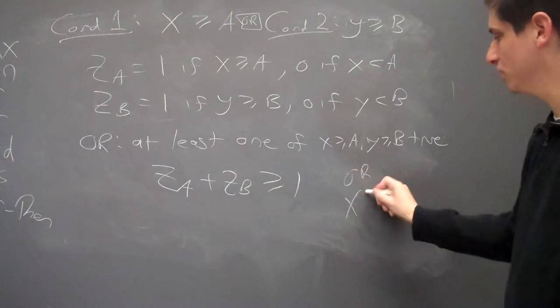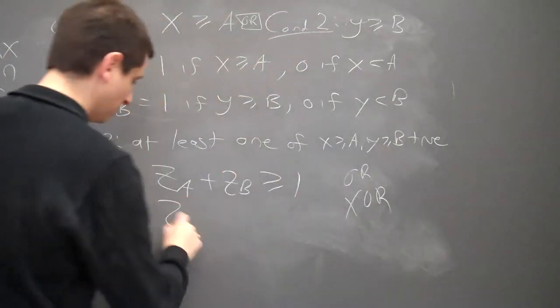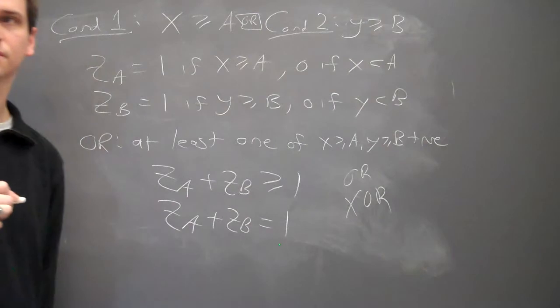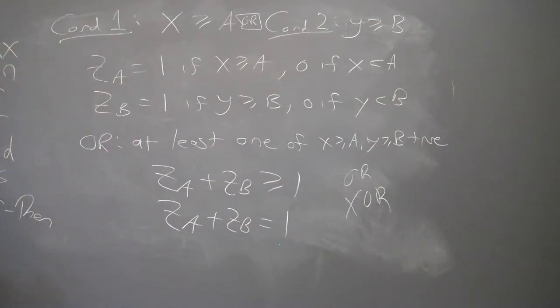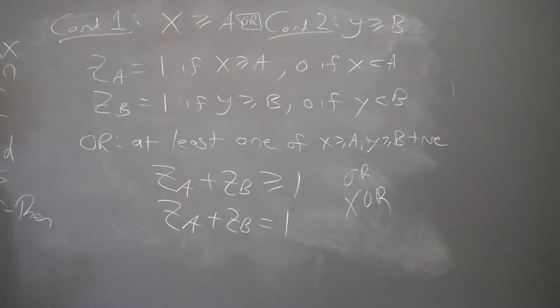Can somebody give me XOR? Just make it equal. So ZA plus ZB equals 1. Think of it as either the Red Sox play the Yankees or the Yankees play the Orioles. You're not going to have both of them happening.